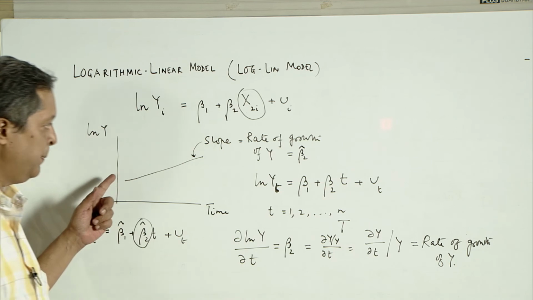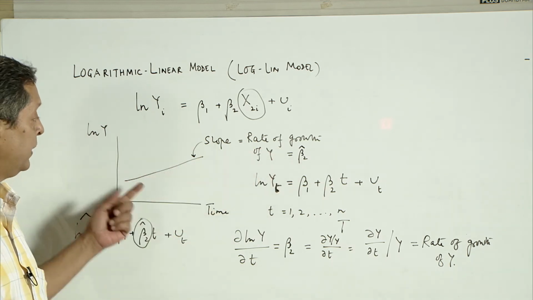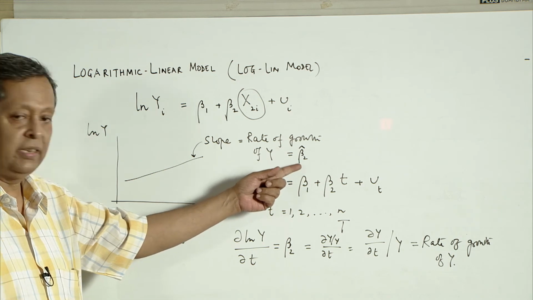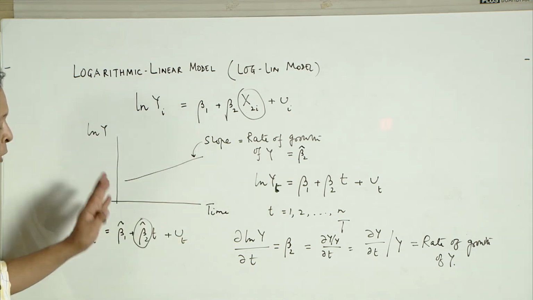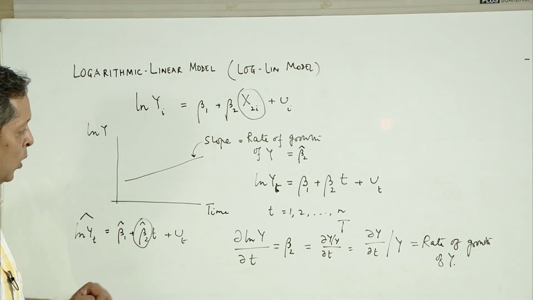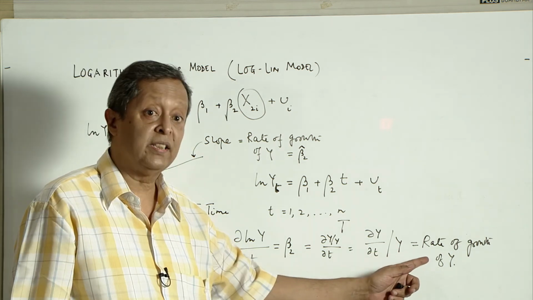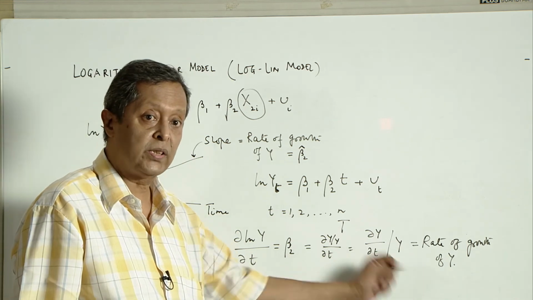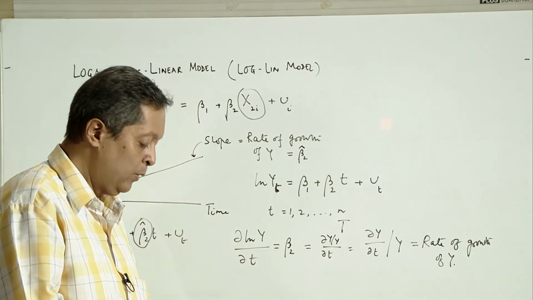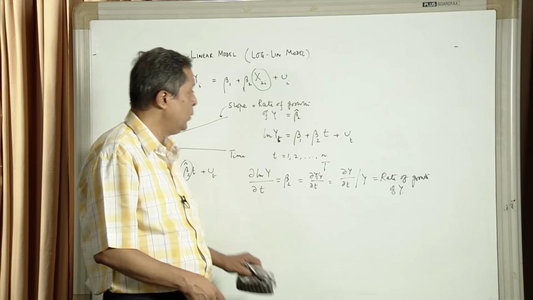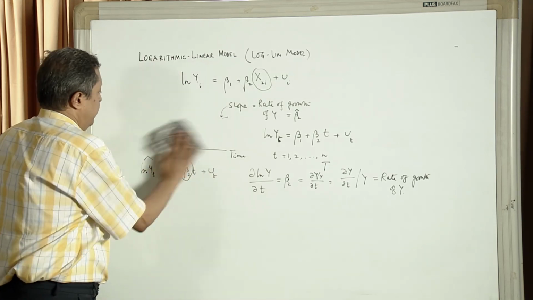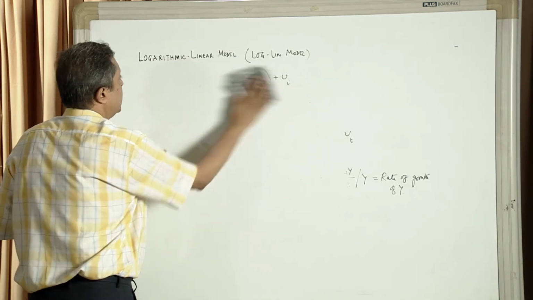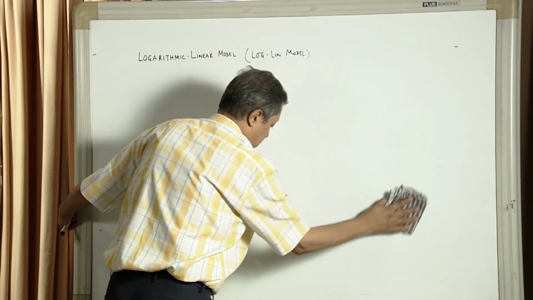If it were the population regression line, it would have been the parameter beta 2. So, from here we note that this is the rate of growth, but it is the continuous rate of growth. If we want the discrete rate of growth, we can make a simple calculation and go back to it.